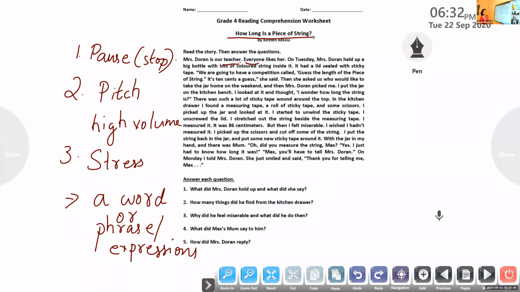Piece of string. Okay, but in a question, how long? Long can also be important. Got it. So this one, how long is a piece of string? It's combined, there are more words, so we call that a phrase. There is a word we can identify as important, and a phrase we can identify as important.